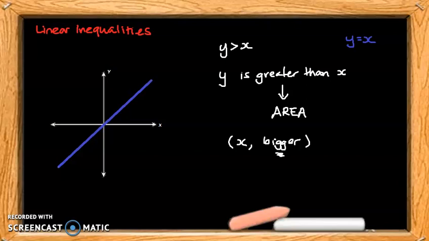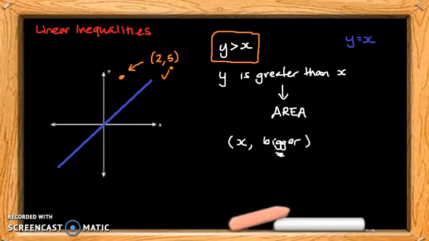Now, if I have a look at a coordinate that is over here, this might be a coordinate that's something like 2 and 5. When I look at each of the different numbers, I can see that y, which is 5, is bigger than 2, which means this point satisfies this rule.